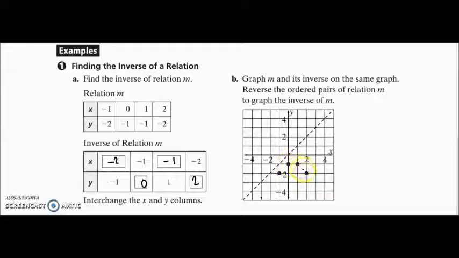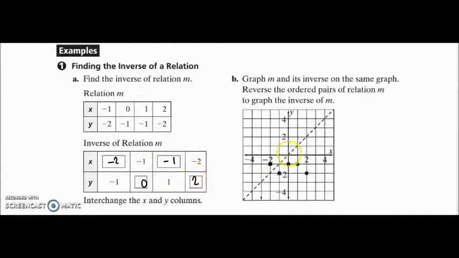So here were the points for our original relation. We've got negative 1, negative 2. There's that point. 0, negative 1. 1, negative 1. And 2, negative 2. So all of those points line up with these. So let's graph this one. Okay, so now we have negative 2, negative 1.